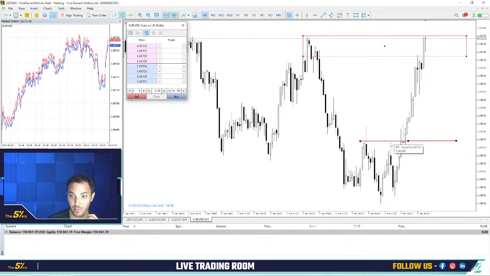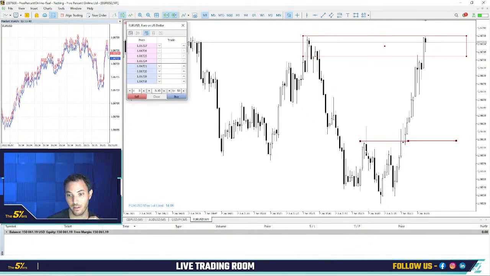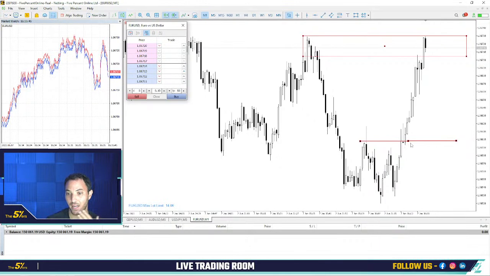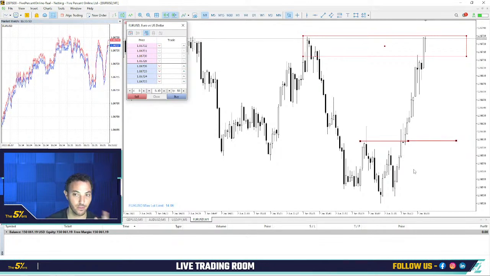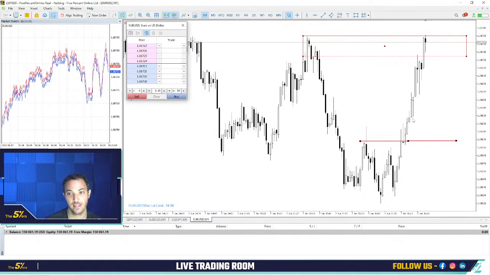I was building shorts back somewhere here, and my analysis was wrong. After this reaction there was a chance for this to continue lower. That failed, so I need to recognize that, close out the trade and look for new opportunities.